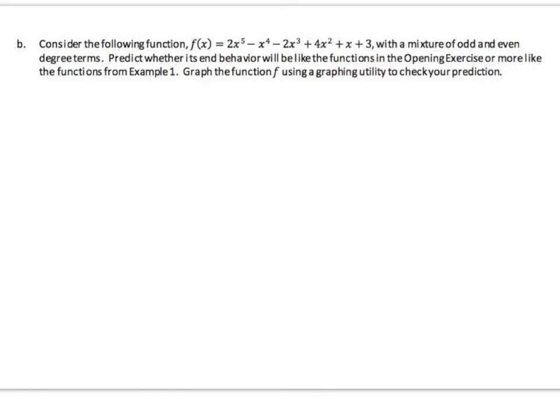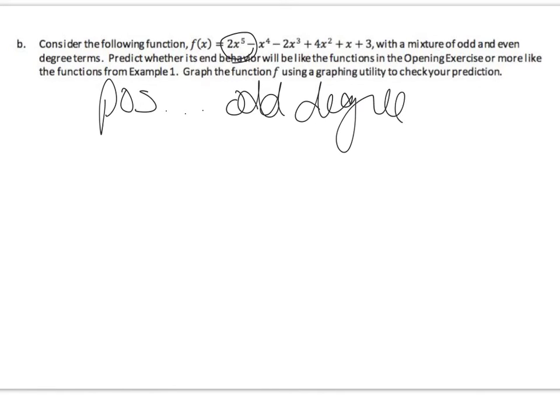Okay, next, consider the following function. Look, our leading coefficient is positive and odd degree. Predict whether its end behavior will be like the functions in the opening exercise or more like the functions from example 1. Graph the function f using a graphing utility to check your prediction. So I've graphed it on the next page.